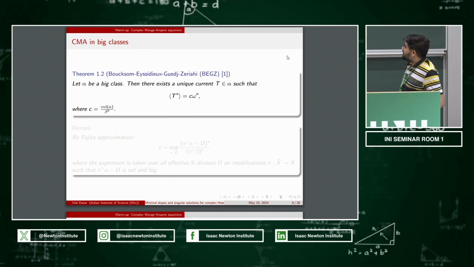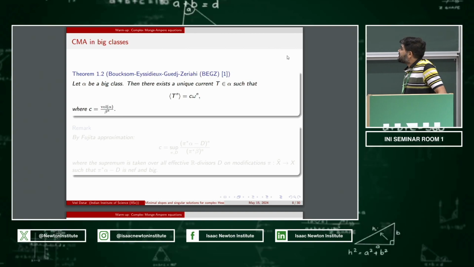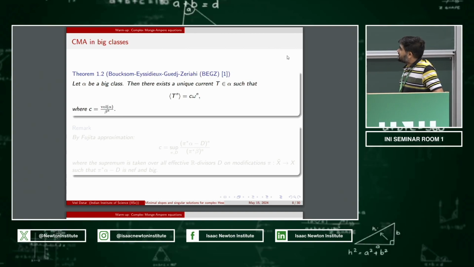So the optimal existence result is this theorem due to Boucksom, Eyssidieux, Guedj, and Zeriahi, which says that if alpha is a big class, then you can find a unique current T in alpha so that you can solve this version of the Monge-Ampère equation.